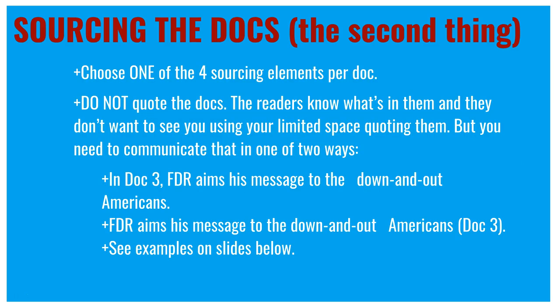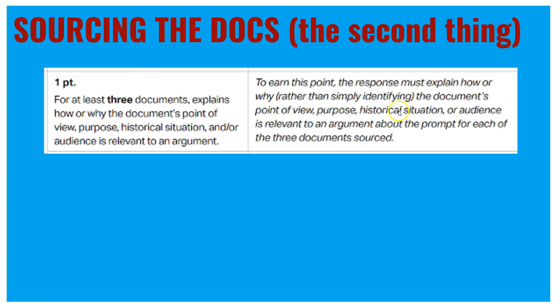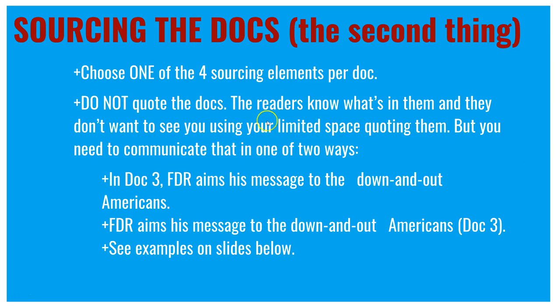All right. This is an important slide. First of all, for each document, you're only choosing one of the 4 sourcing elements. When I say sourcing elements, I mean point of view, purpose, historical situation, audience. Those are the 4. For each document that you're doing this for, you pick one sourcing element and use that.